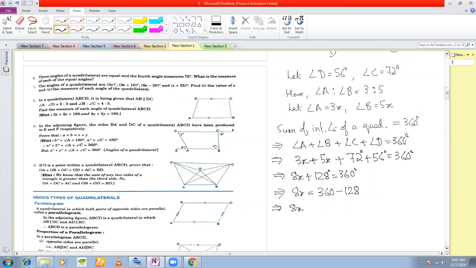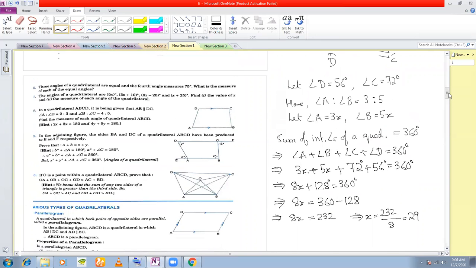Means 8x is equal to 360 minus 128, which is 232, right? And therefore x is 232 divided by 8, which is 29. So you got the value of x.